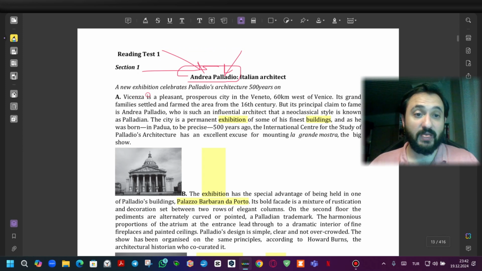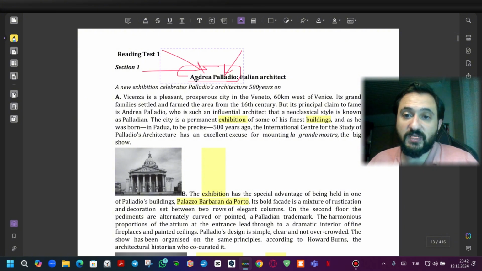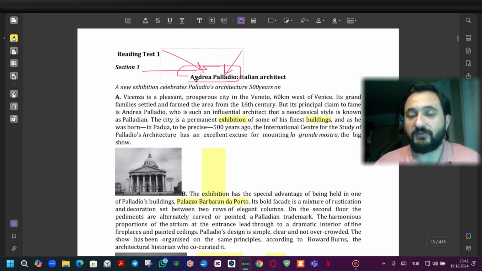A new exhibition celebrates Palladio's architecture 500 years old. Vicenza is a pleasant, prosperous city in the Veneto, 60 kilometers west of Venice. Its grand families settled and farmed the area from the 6th century. But its principal claim is the famous Andrea Palladio, such an influential architect that the neoclassical style is known as Palladian.